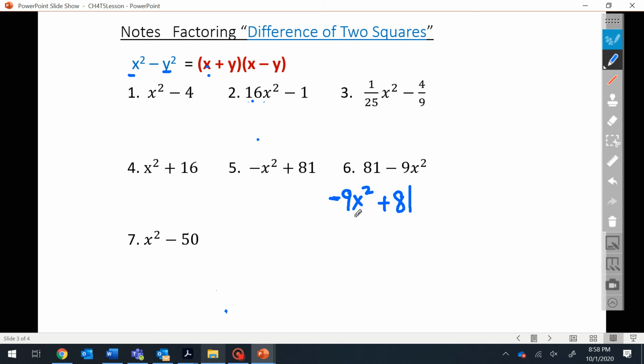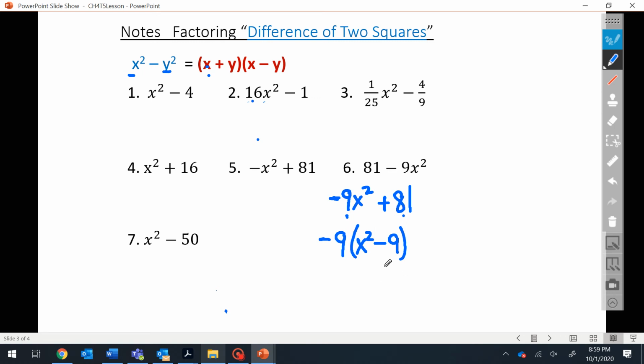We also see that there's a GCF. The numbers 81 and 9 have a factor in common, 9. So I can factor out a negative 9 because I don't want this to start with a negative, and this would be x squared minus 9.